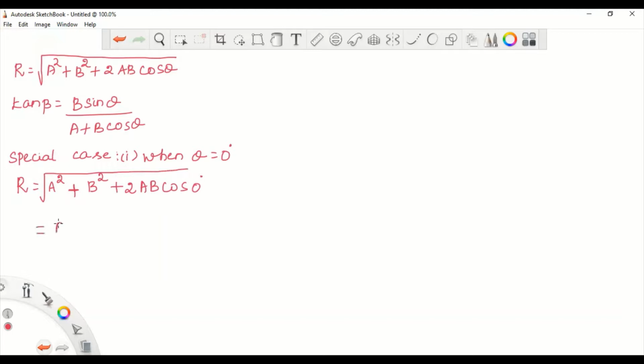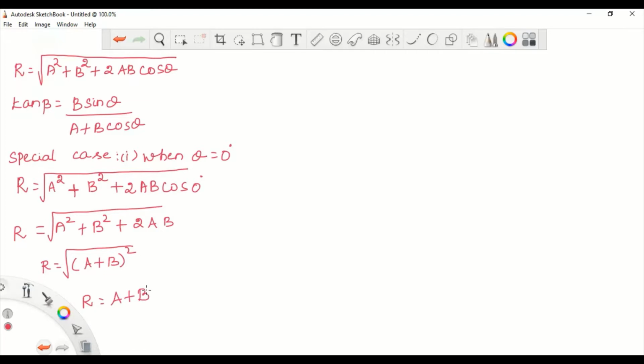Okay, so this will become A square plus B square plus 2AB. So you can also write it as R is equal to root of A plus B the whole square. Okay, so R will become A plus B. So this will be our resultant. So the magnitude of the resultant vector is equal to the sum of the magnitudes of two vectors acting along the same direction. And the resultant vector also acts along that direction.